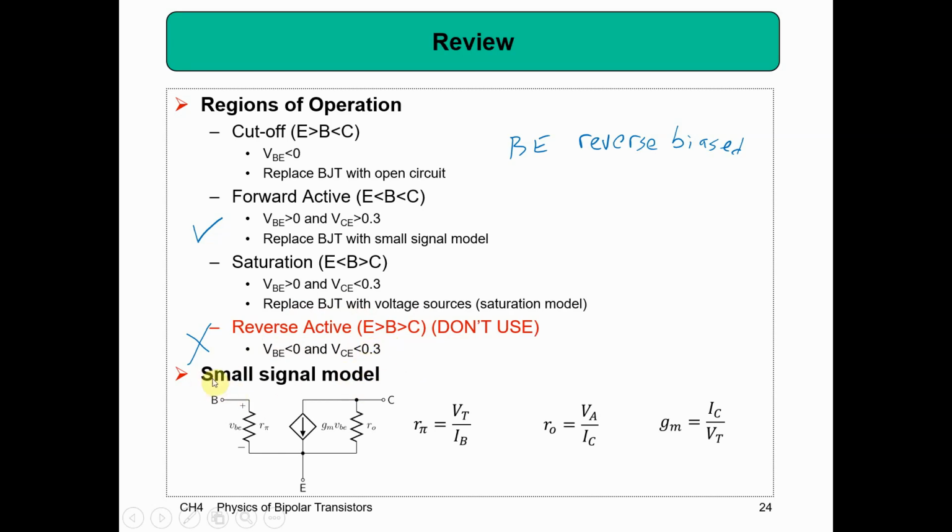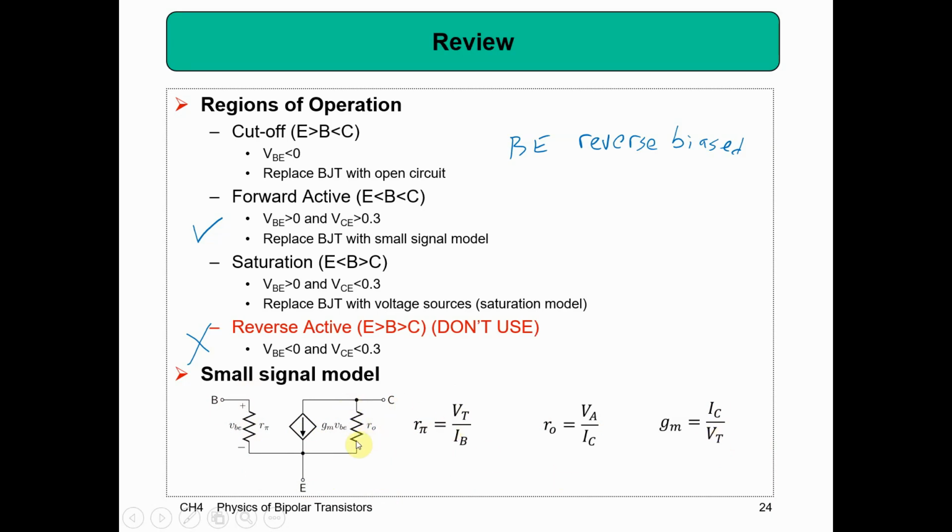The last piece is we did our small signal model, and this is the small signal model for my base, my emitter, and my collector. So I take my transistor and replace it with this, and then I can analyze it. You see R pi is connected to the base, so it's related to the base current. It's going to be my thermal voltage divided by IB. The gm, which is the relationship between current and voltage, is going to be equal to my collector current divided by my VT.